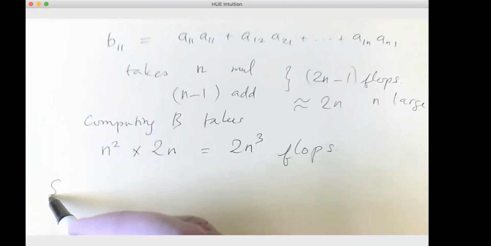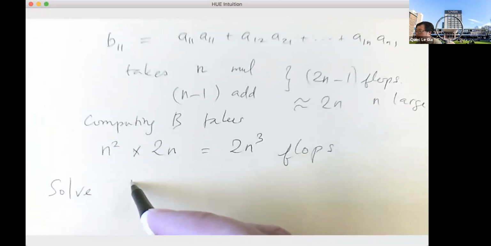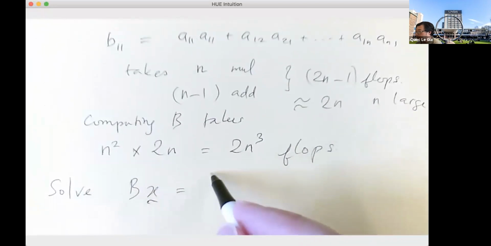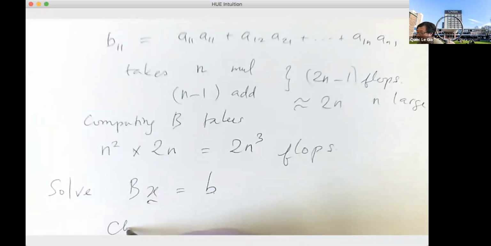Assume that you use Cholesky factorization.